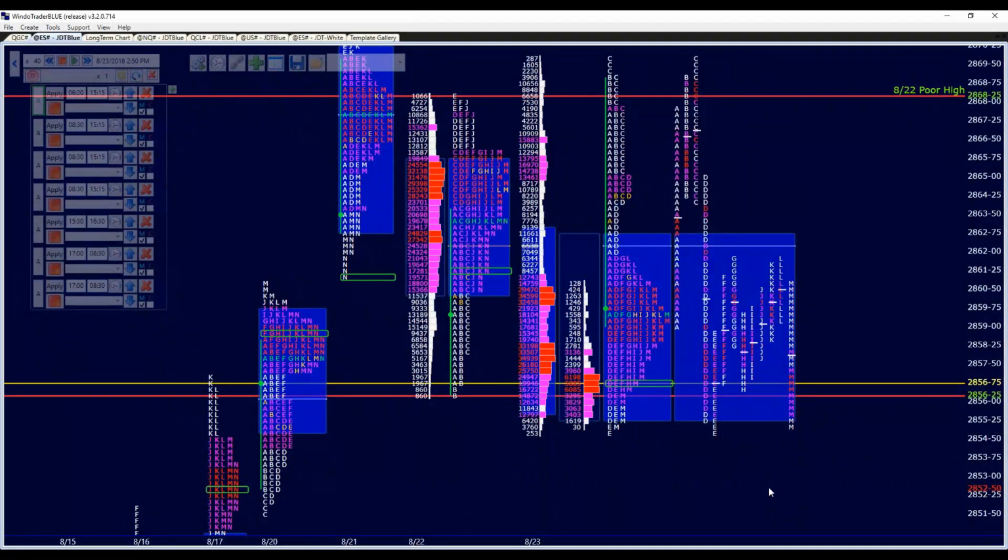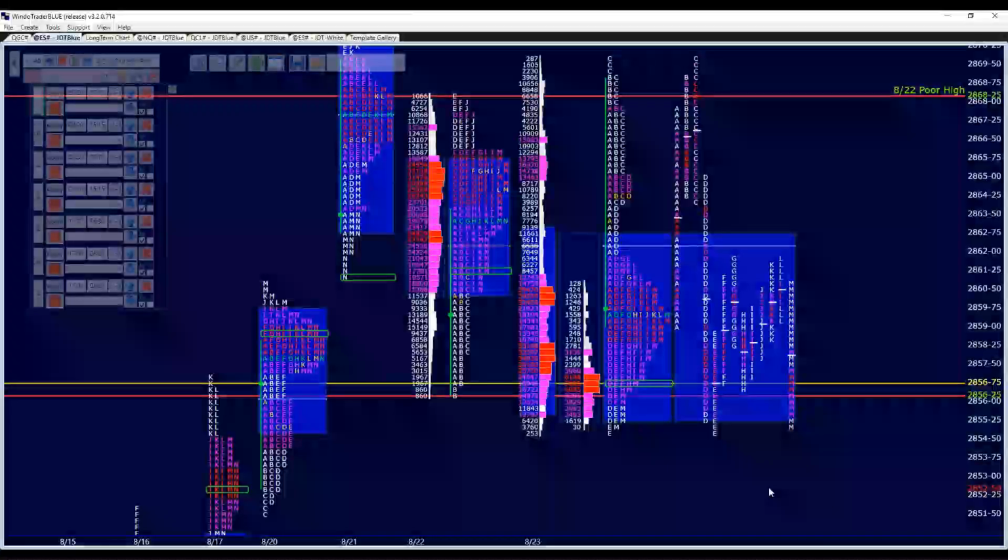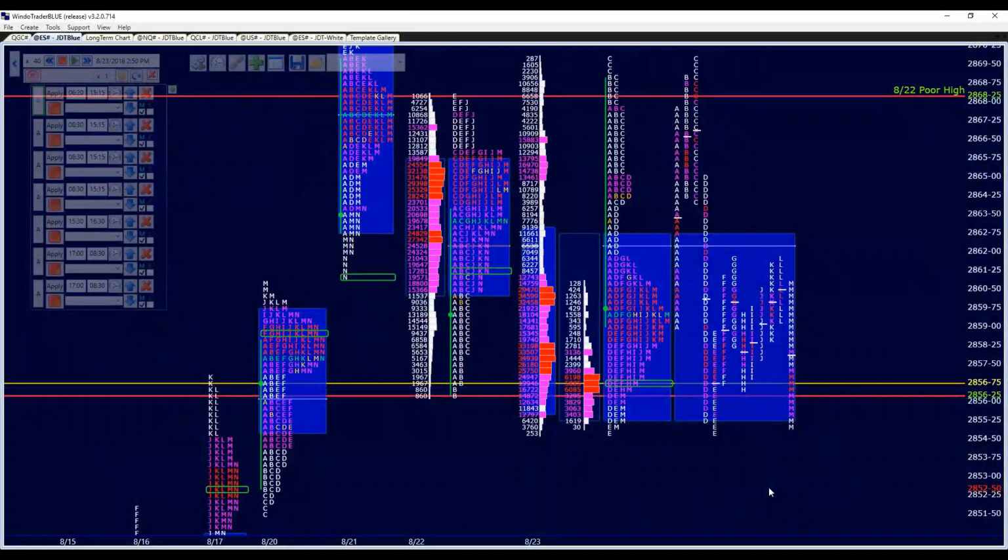When we see the B formation, or we see the point of control remain higher every time this market sells off, remember, what's the other word for point of control? It is the fairest price at which business is being conducted. Now, one of the things that will happen when you get out and trade, people will talk about, oh, do you use the TPO point of control, which is reading the point of control from left to right on the profile, or do you use the volume point of control?